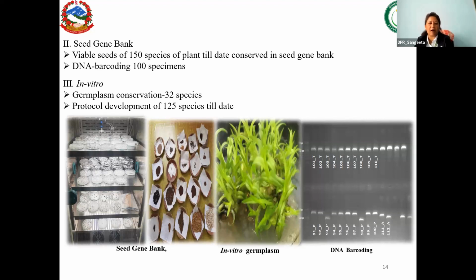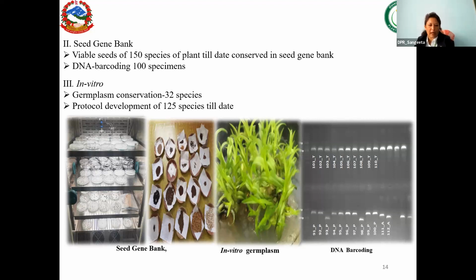And the DNA barcoding program is also going on, and in this barcoding program we have already barcoded more than 100 specimens, not species but specimens, and in those specimens we are focusing on endangered and endemic plants along with the economically important plants.